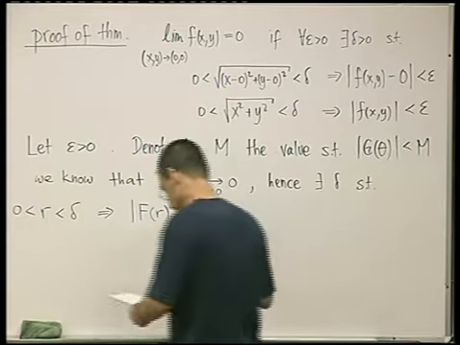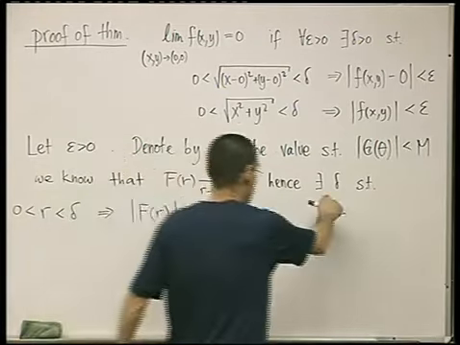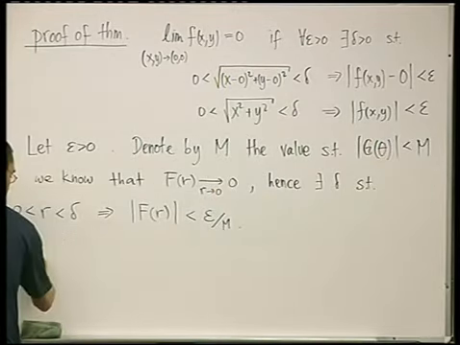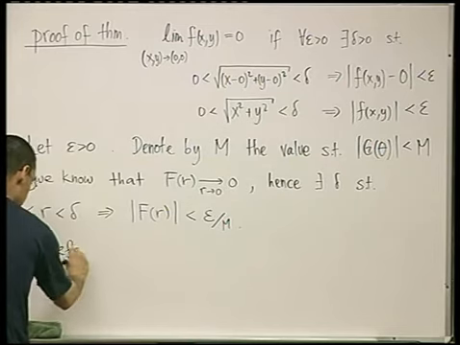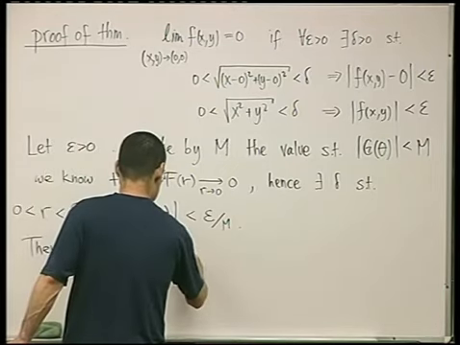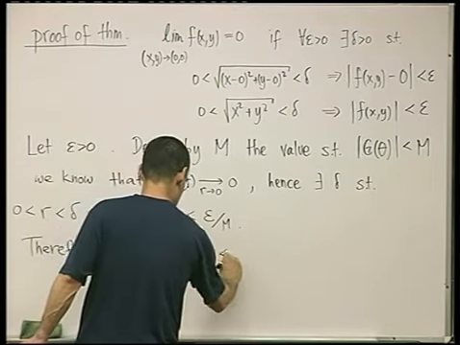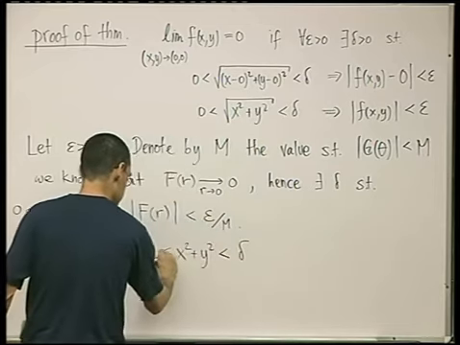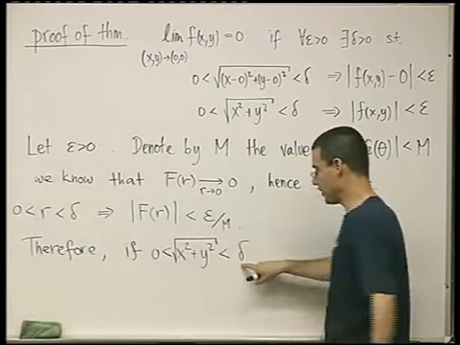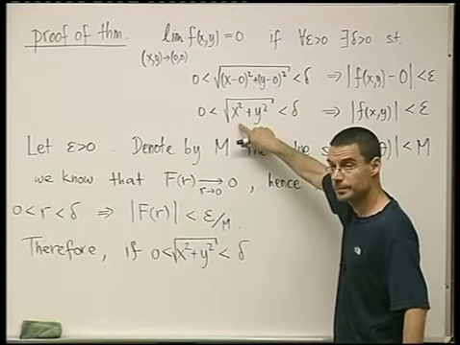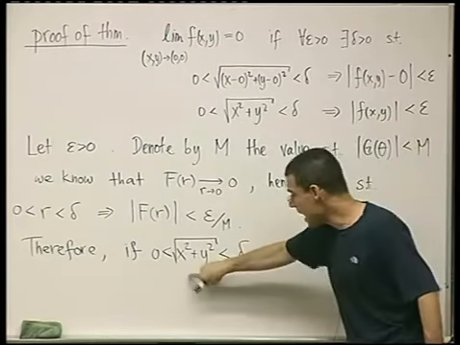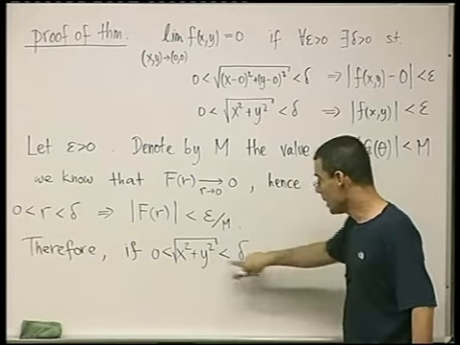Now, let's use this delta that exists. So, if x squared plus y squared is less than delta, greater than 0, the root of x squared plus y squared is less than delta, I need to show that this happens, right? That's what I'm trying to prove. But if this happens, using this delta, this is precisely r.